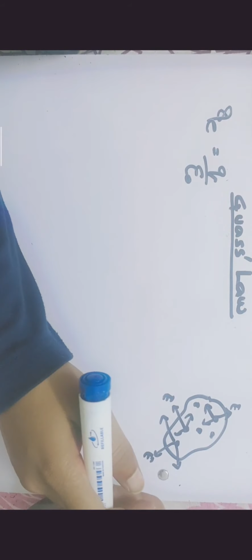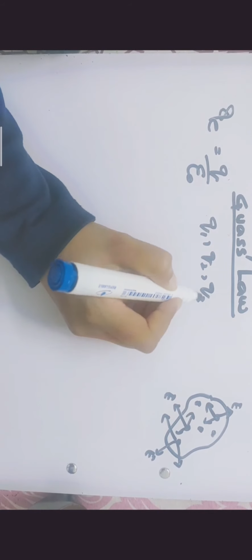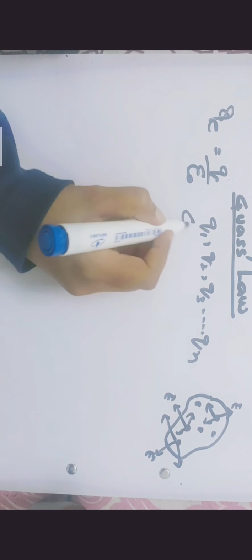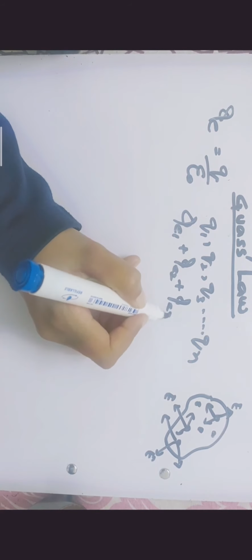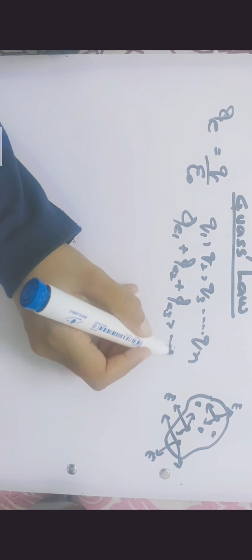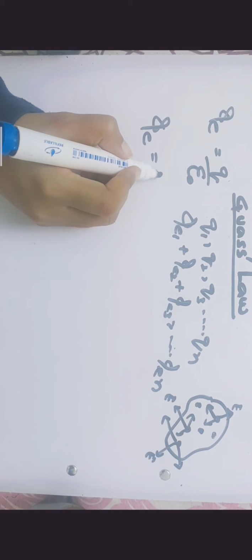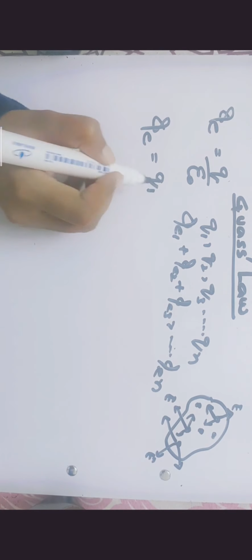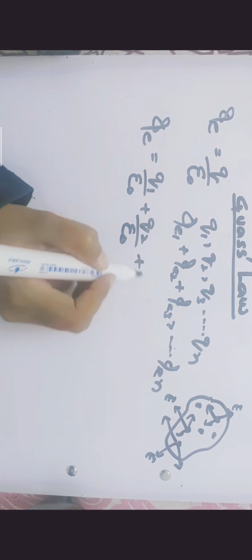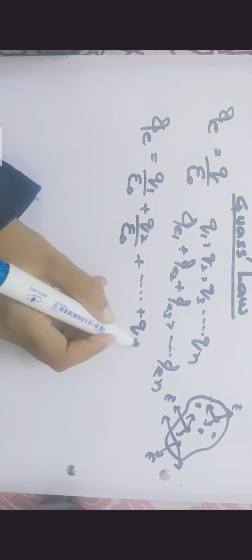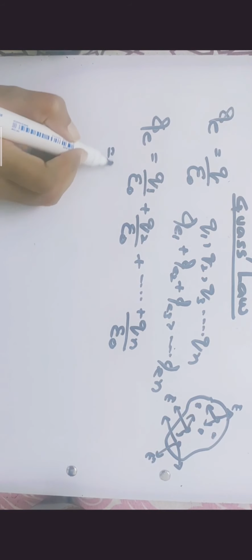So for the first charge, it will become q1. For every charge particle, we have to calculate phi E equals q over epsilon naught, right? And that value would be phi E1, phi E2, and so on up to phi En. Now if I put the values, it will become q1 over epsilon naught plus q2 over epsilon naught, for this whole surface. We are talking about this whole surface, so we get this equation.